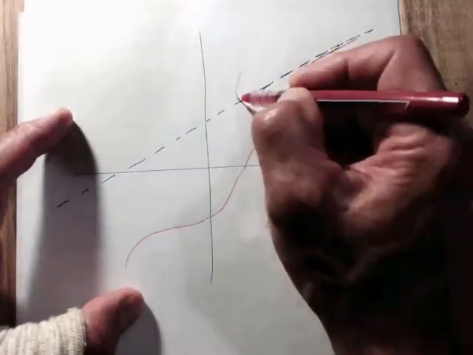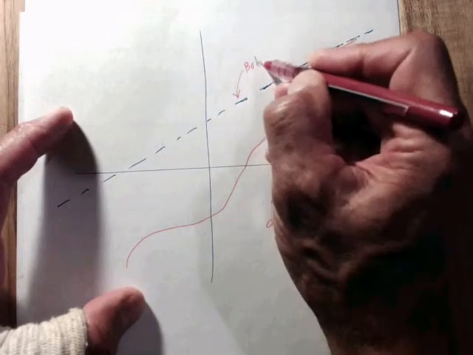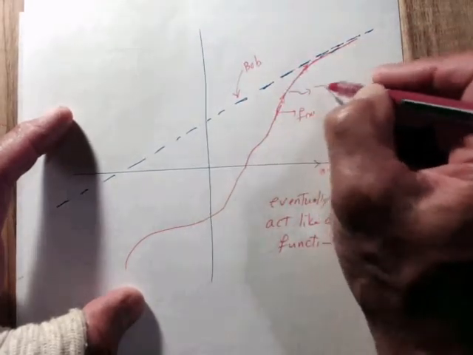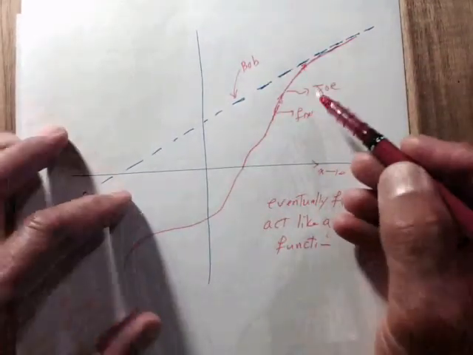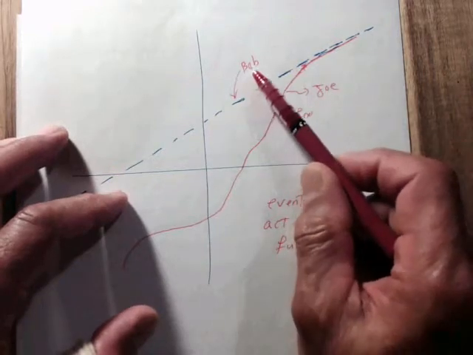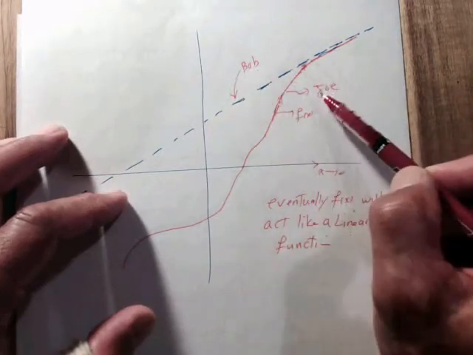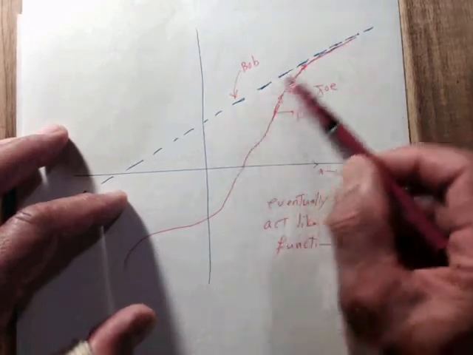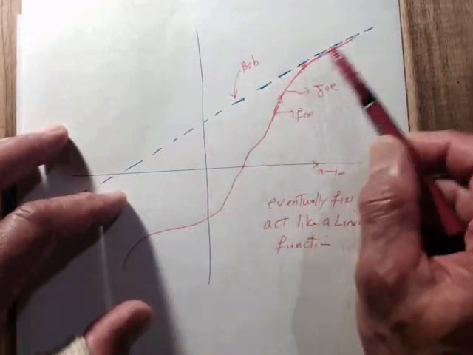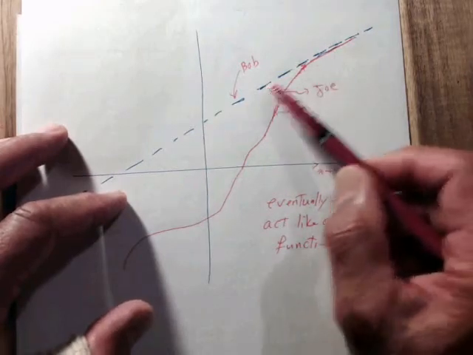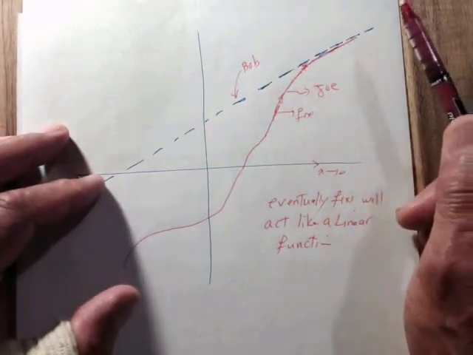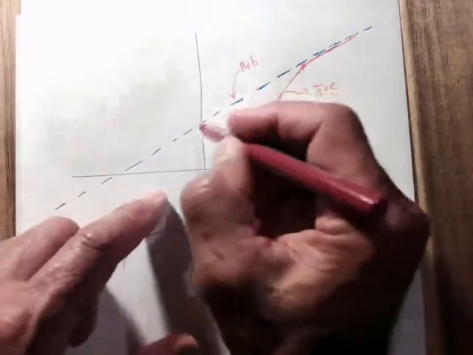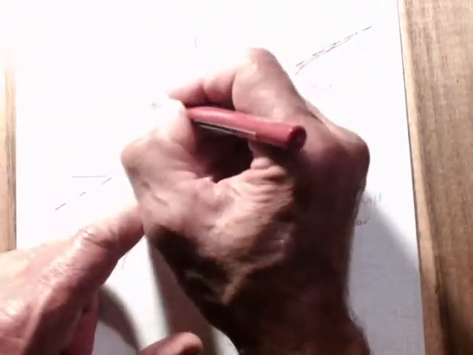So if this is Bob and this is Joe, now if Joe spends time with Bob, then Joe eventually becomes like Bob. Bob is acting linear, therefore Joe will act linear eventually. Okay, so in this case, I say this line is an asymptote.